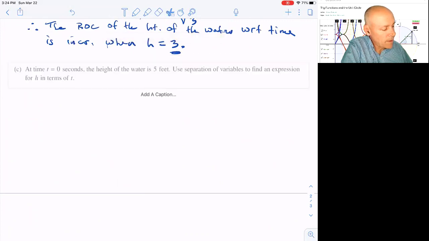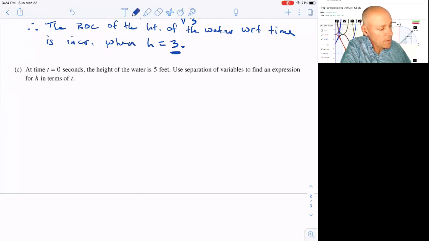So I'm given at time t equals 0 seconds, the height of the water is 5 feet. So this is basically an initial condition that tells me that h(0) is equal to 5. And what I want to come up with is an expression, an equation for h in terms of t.